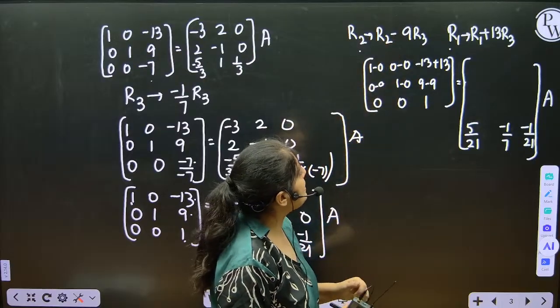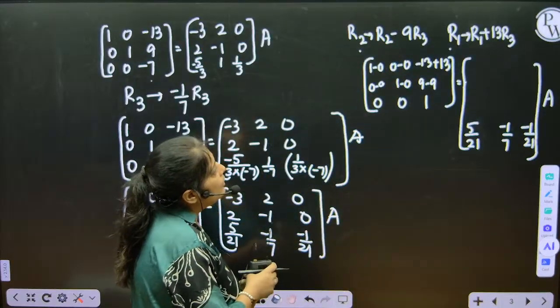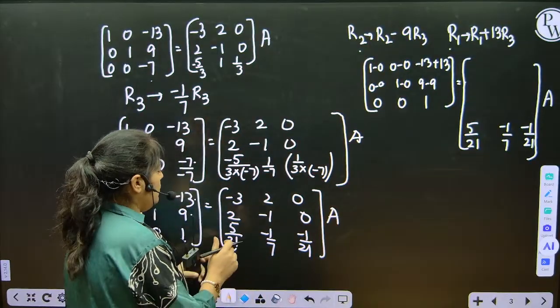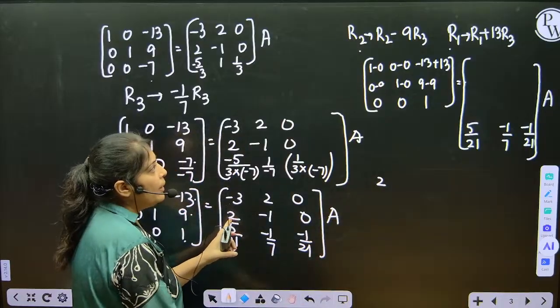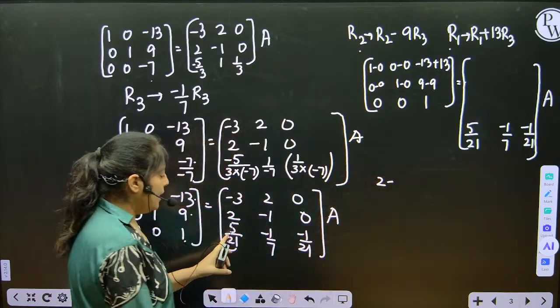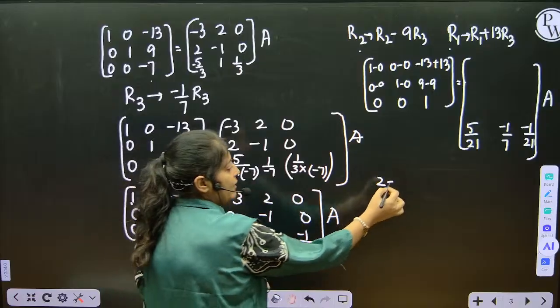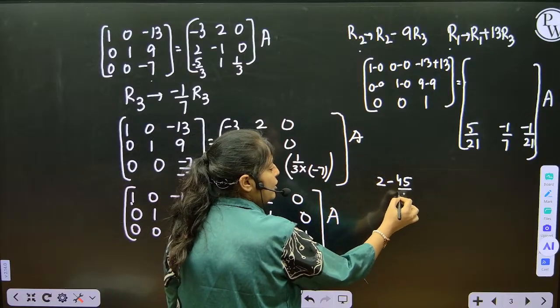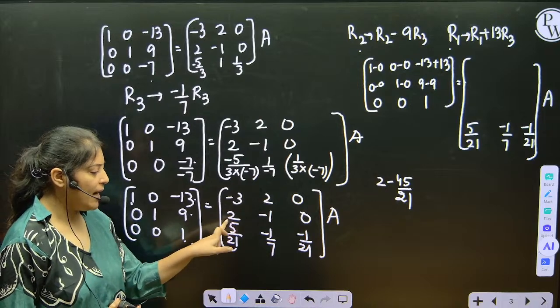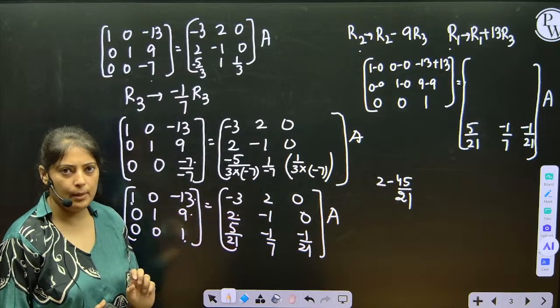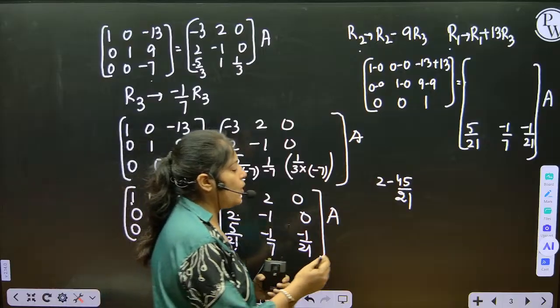So we will see now how, in row 2, number is 2 minus 9 5s are 45 by 21. What I have done is multiplied this number with 9 and subtracted in this element. Okay, so what will it become?